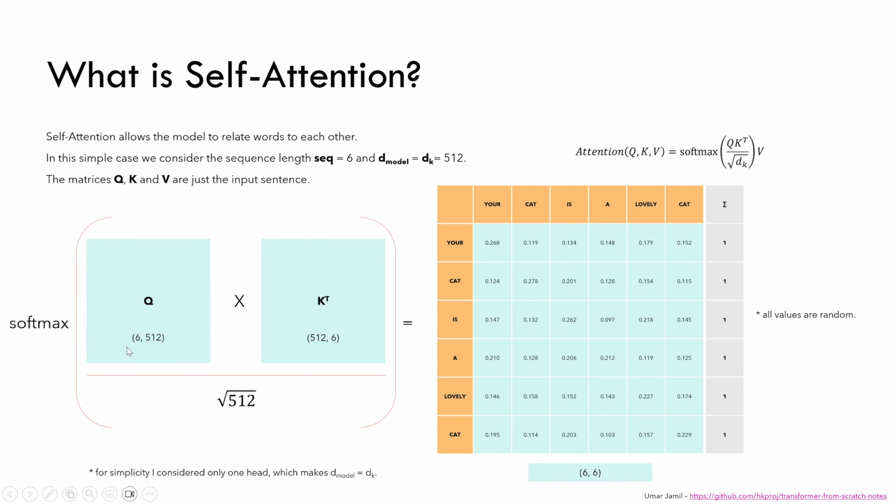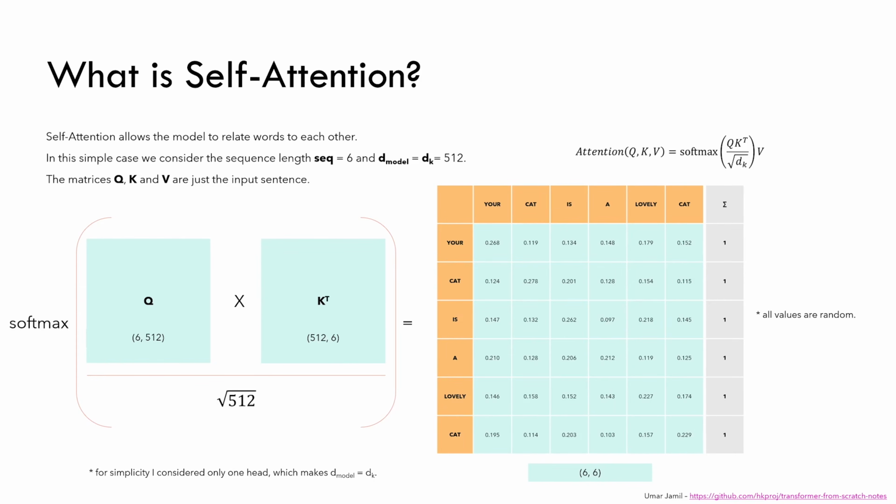We have a matrix that was 6 by 512 multiplied by another that is 512 by 6. We obtain a matrix that is 6 by 6, where each item represents the dot product of the first token with itself, then the first token with the second token, the first with the third, the first with the fourth, and so on. So this matrix captures the intensity of the relationship between two tokens.